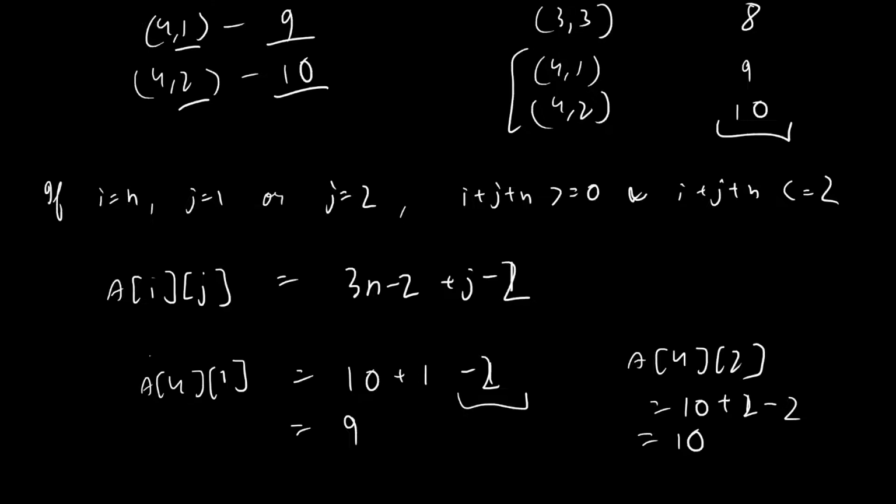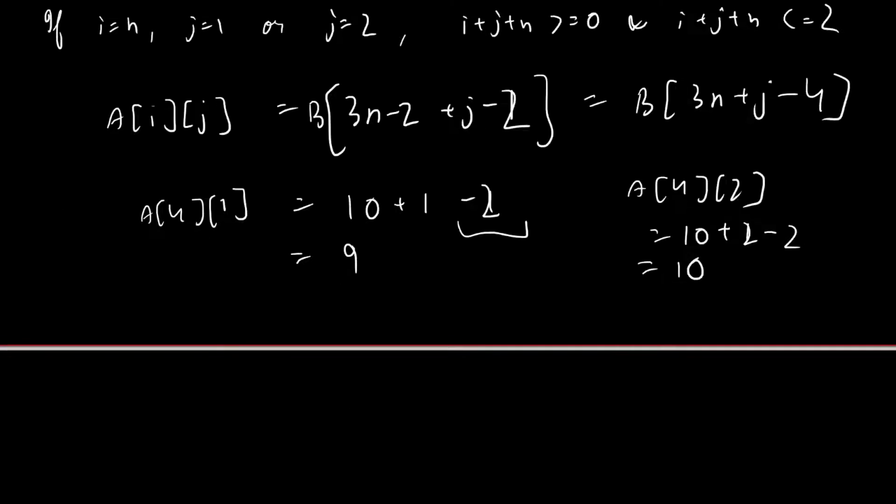So for aij, when i equals n, j will be equal to 1 or 2. So aij will be stored at b, 3n minus 2 plus j minus 2. That will be equal to b, 3n plus j minus 4. We can check this.